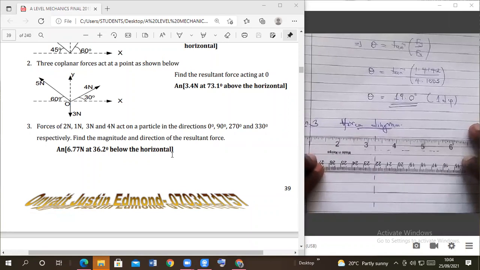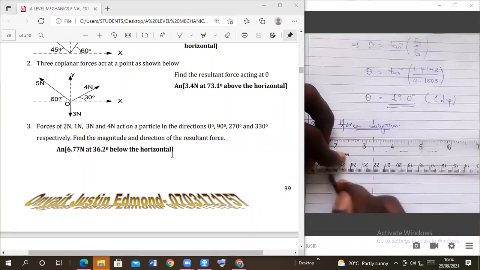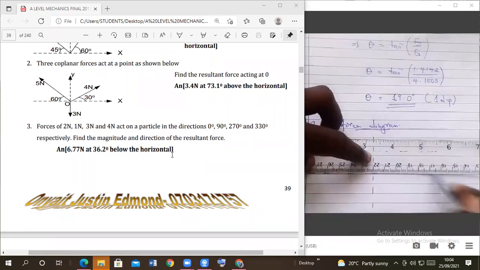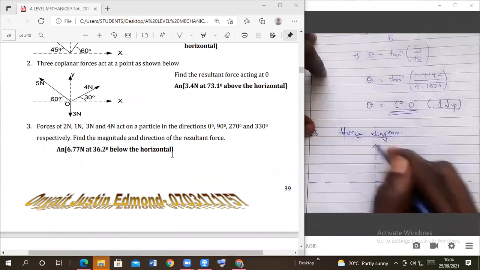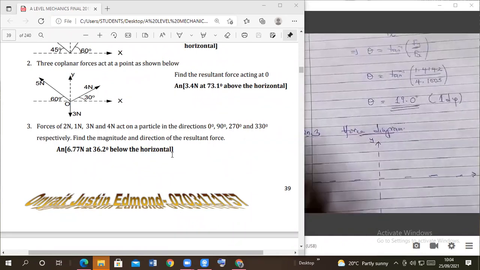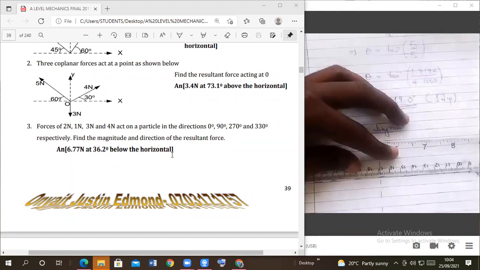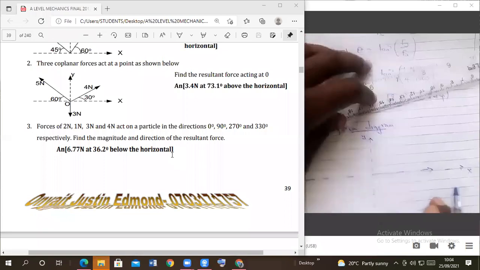It is horizontal, along X. So this is Y, this is X. Along X we shall have 2 Newton.